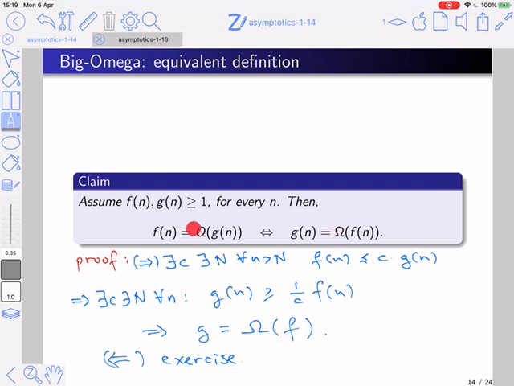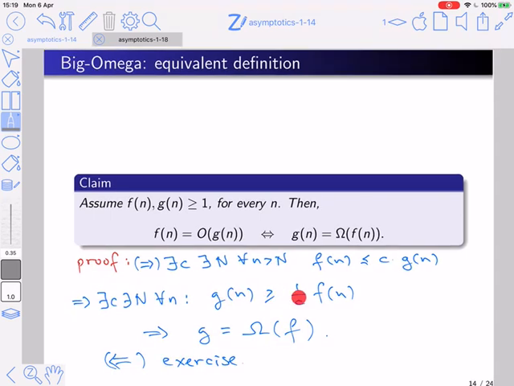So if f is big O of g, that means that there exists a positive constant c and a natural number N, such that for each lowercase n greater than uppercase N, f of n is bounded by c times g of n. Okay, now we can divide by c. We get that g of n is greater than or equal to 1 over c times f. Recall that c is positive, so you can divide by c. Therefore, g is big omega of f, simply by dividing by c. I'll leave the other direction as an exercise.